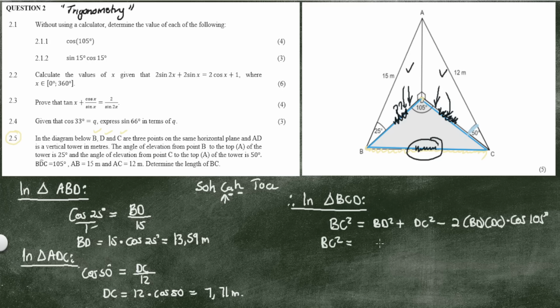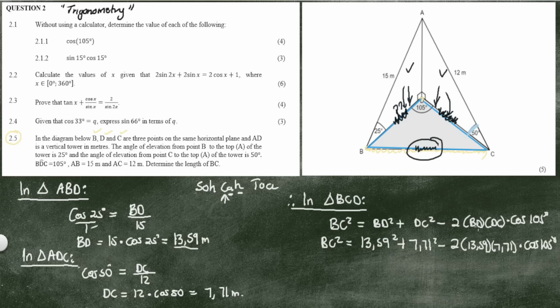What is BD? BD we just calculated, that's 13.59 squared, plus DC, which is 7.71 squared, minus 2 times 13.59 times 7.71 multiplied by cos 105 degrees.